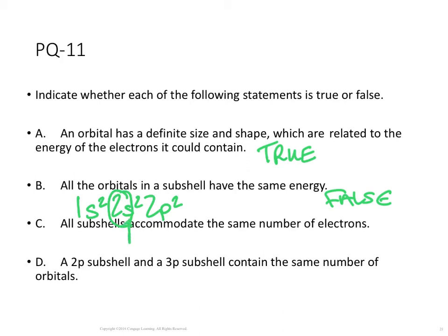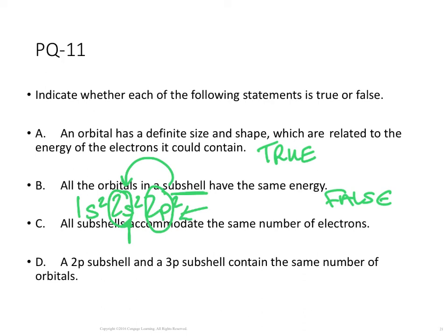There's only one orbital. We have the 2p subshell, and all 3 of those p orbitals have the same energy. Now the p orbitals don't have the same energy as the s orbital, but the way I read this question is each subshell, so 2p is the subshell, all of the orbitals in that subshell have the same energy.